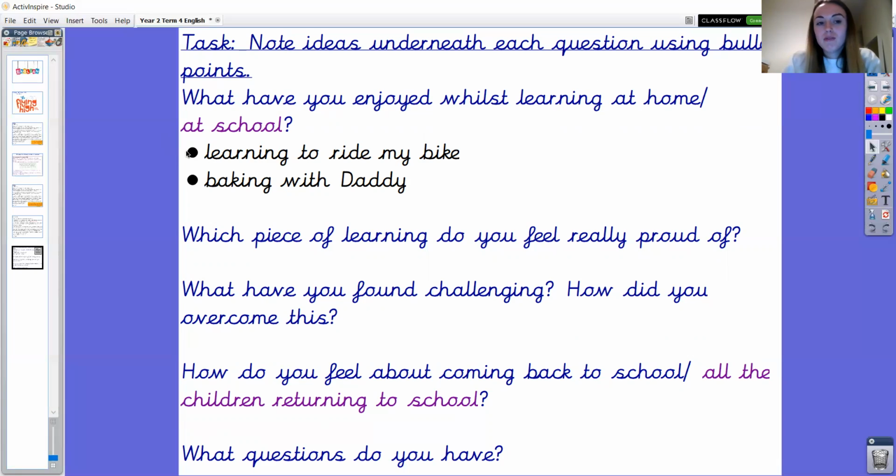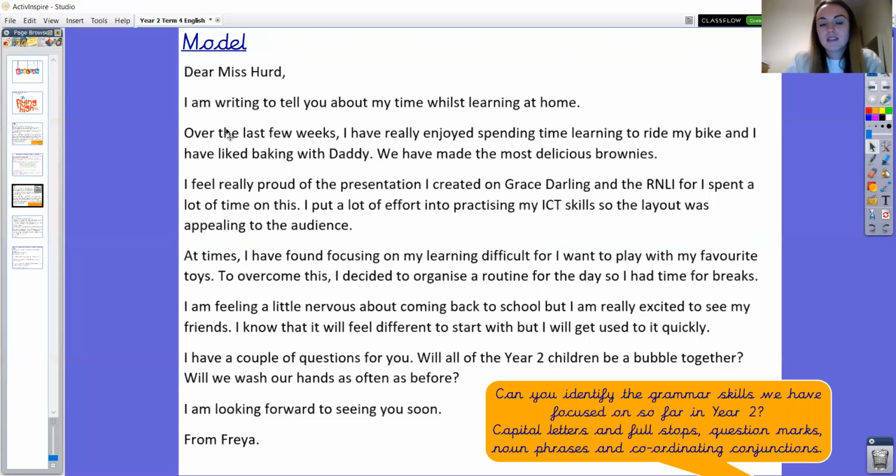So for example, based on the model that I wrote, I'd write bullet point, learning to ride my bike, bullet point, baking with Daddy. As this was, of course, in the first sentence here, over the last few weeks, I've really enjoyed spending time learning to ride my bike, and I've liked baking with Daddy. We have made the most delicious brownies, okay?